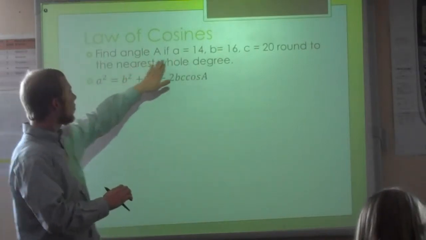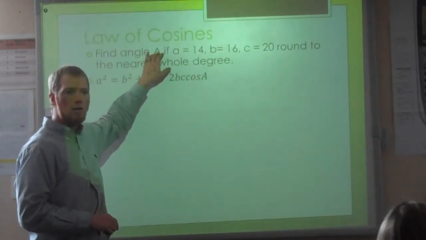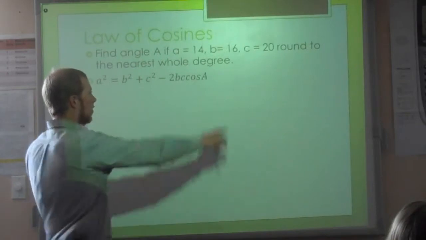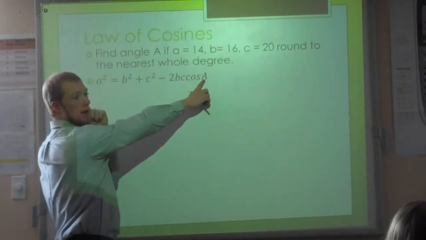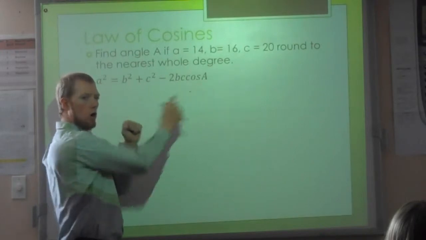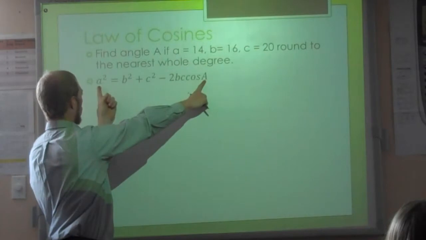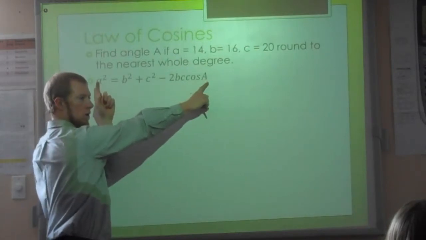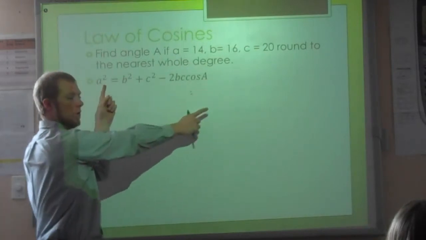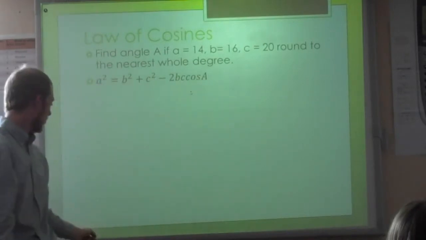So if you're missing capital A, which is the angle, you're going to use the one that has capital A at the end and lowercase a at the other side. You always want your unknown to be either this one or this one. When we were looking for a side, we always made it this one. When you're looking for an angle, you're always going to make it that one.